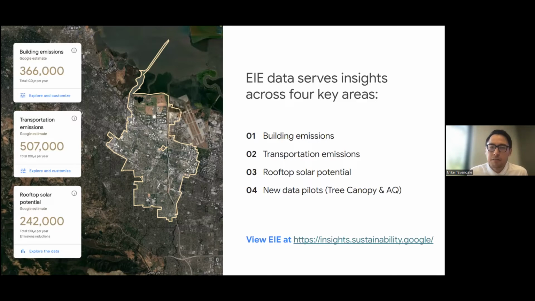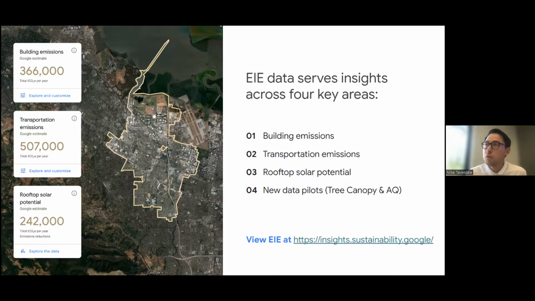EIE data serves insights across 4 key areas today: namely building emissions, transportation emissions, rooftop solar potential, and in parallel, we're also developing new insights. Just to give you a taste, some of these include tree canopy and air quality. I'll be focusing more on the top 3 for today's discussion.